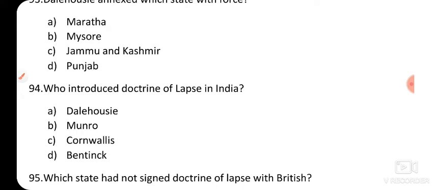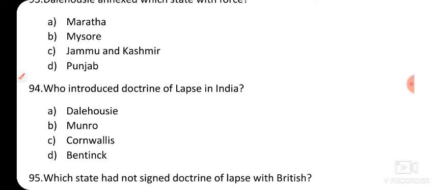So Dalhousie came up with his new policy, that is doctrine of lapse. This is different from the subsidiary alliance which was introduced by Lord Wellesley. According to this doctrine of lapse, if a ruler has no legal heir or successor, he cannot adopt a child and give his territory to that adopted child.